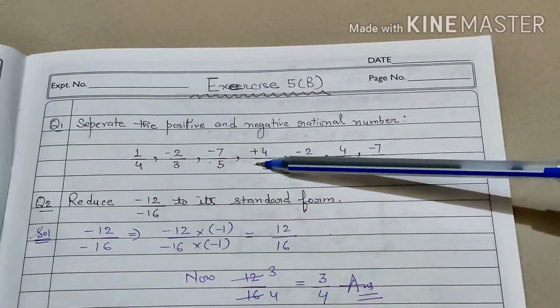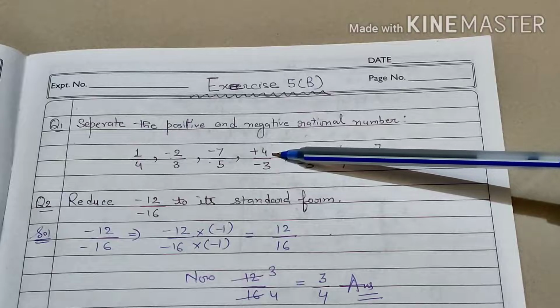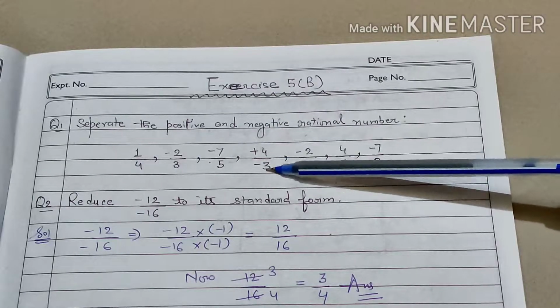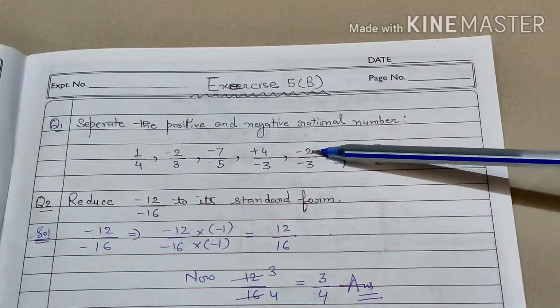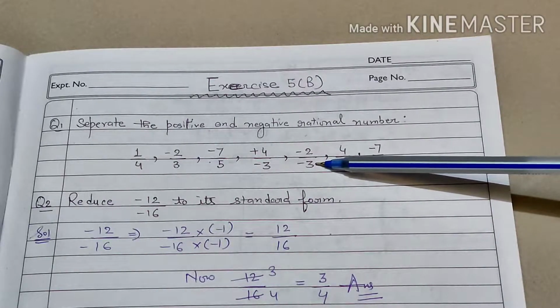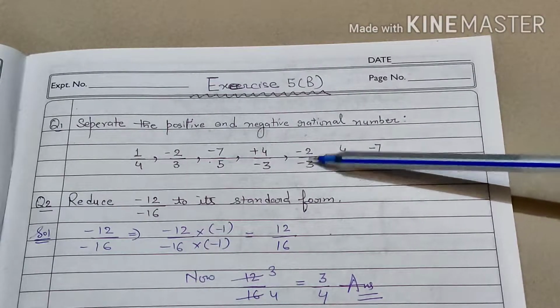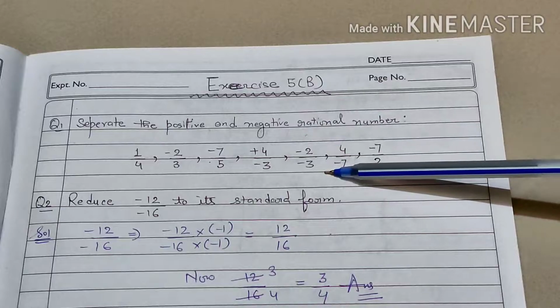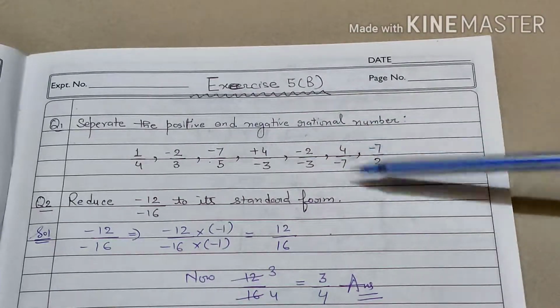After converting it into standard form, it is a negative rational number, because it has one negative sign. Here both numerator and denominator are negative, so after cancelling them, or multiplying numerator and denominator by -1, it converts into a positive rational number.